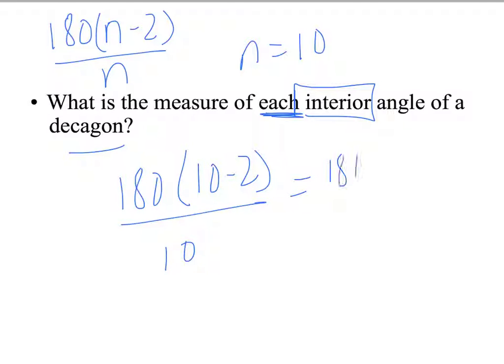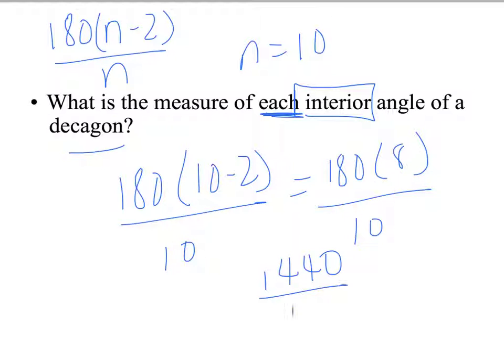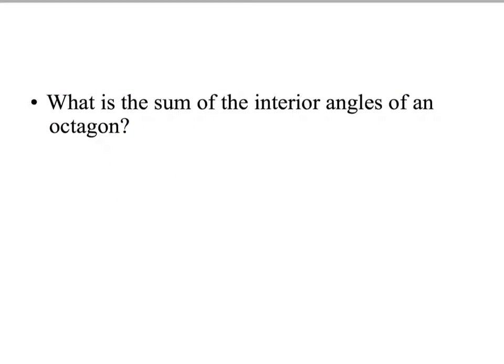So 180 times 10 minus 2 is 8 divided by 10. 180 times 8 is 1440. Divide that by 10 and we get 144. 144 degrees.